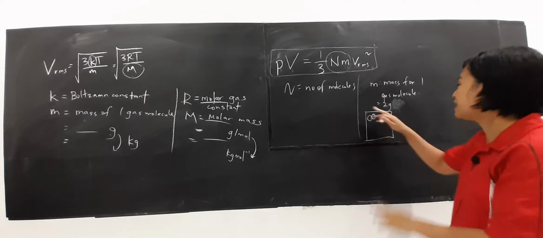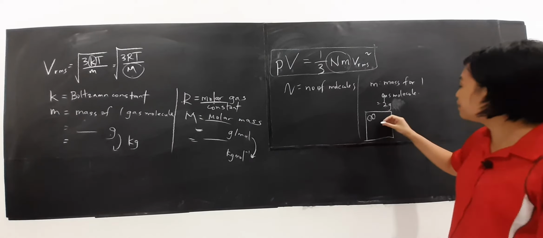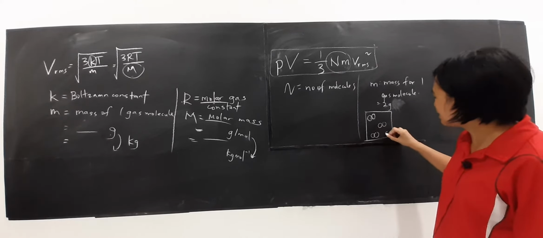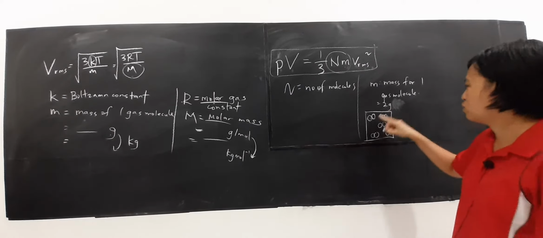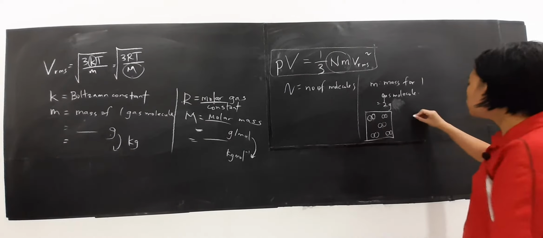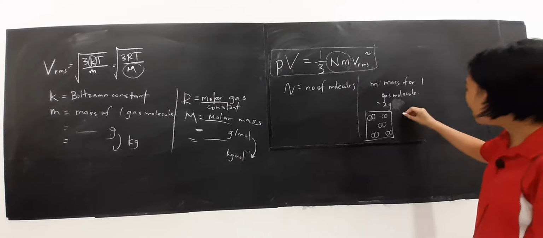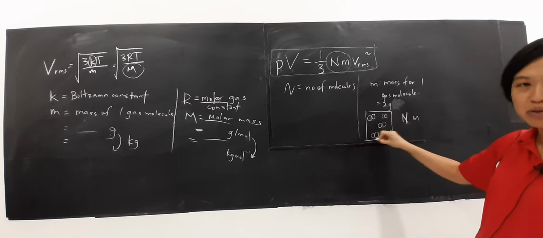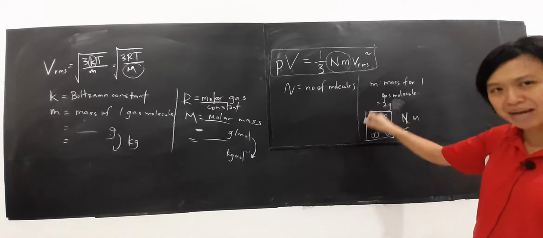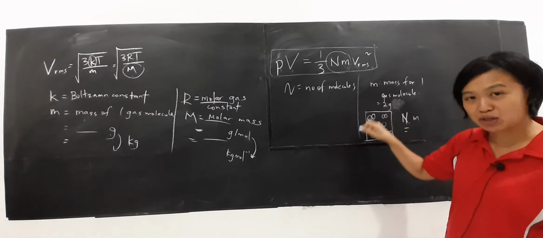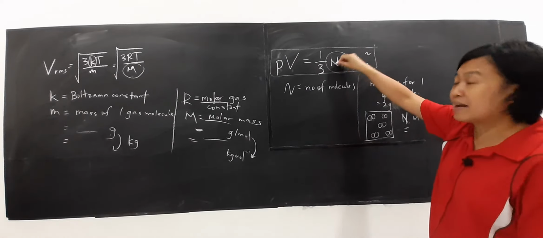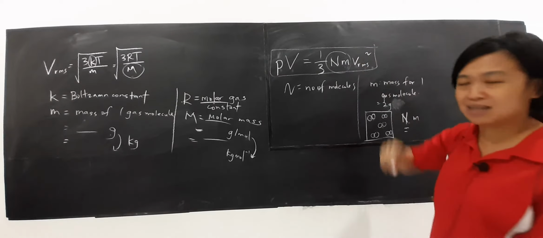Okay, and in a container mungkin ada berapa, okay, gas molekul dekat sini, contohnya ada 5. 1, 2, 3, 4, 5. Okay, jadi kalau saya guna M darab bilangan molekul yang ada, so what do I get? I actually finding the total mass for all molecule here. Okay, means N darab N sebenarnya maksudnya total mass lah.